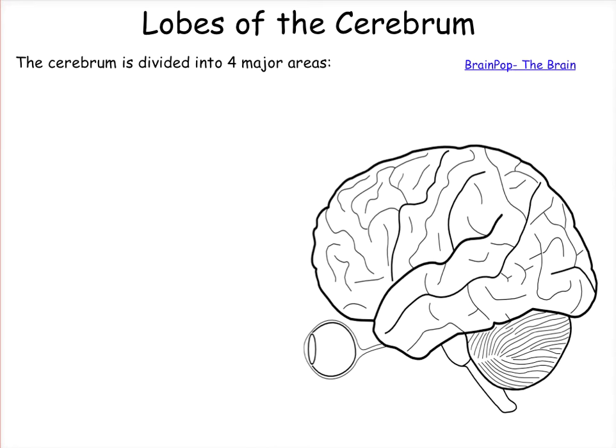This is a side view of the left hemisphere of the brain. Let's orient ourselves to the way this is facing. This is the front. We know that because we've got the eyeball in the front here.